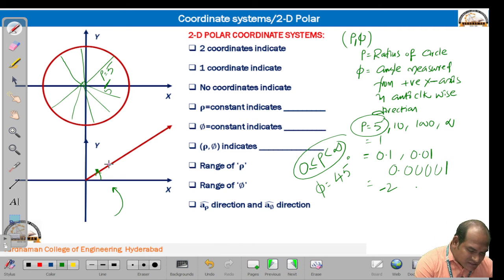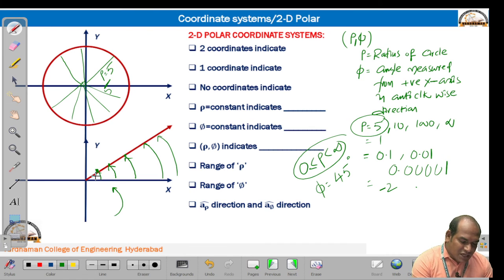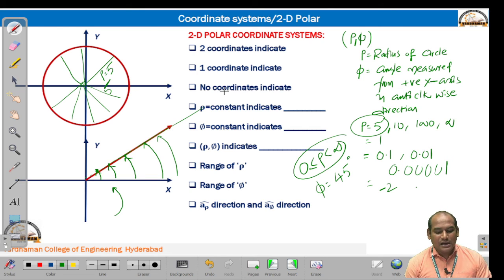Otherwise, you take this point. This point is also making 45 degrees with the positive x axis. All these points are making 45 degrees. If you take the trace of all these points, it is making a line. That means phi is equal to some constant, that is actually representing a straight line.